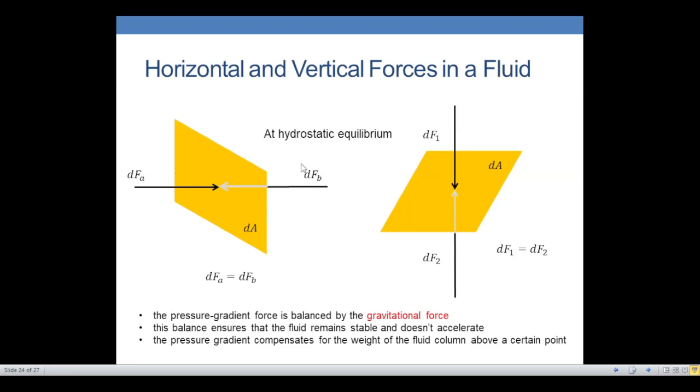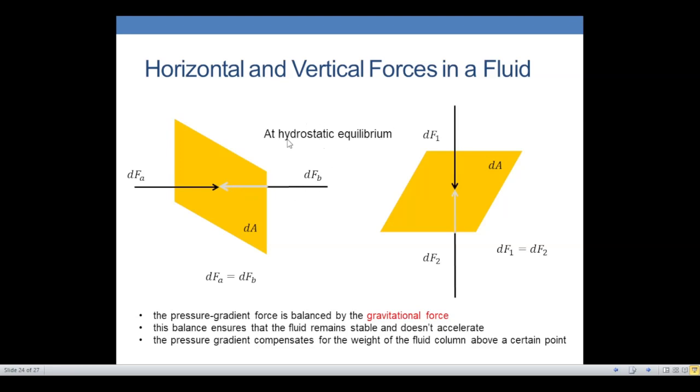If it is at hydrostatic equilibrium, the force is equal. So dF sub A is equal to dF sub B. The magnitude of the force FA here will be the same as the magnitude of the force coming from this direction, provided again that the fluid is at hydrostatic equilibrium.